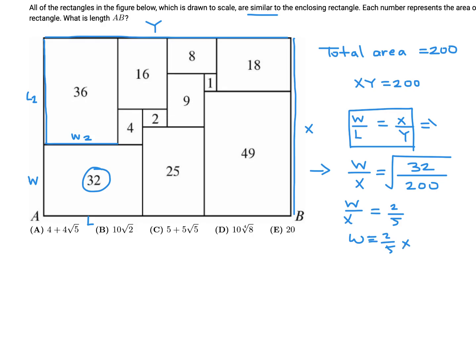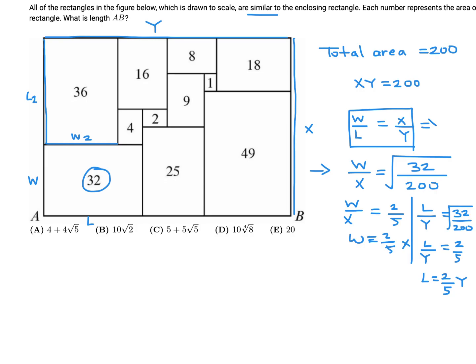Okay, and in a very similar way, I'll just keep it on the same screen here. L over Y is equal to 32 over 200, all under the square root sign. So L over Y would be equal to 2 over 5. So L would be equal to 2 over 5 Y, like that. Got it?